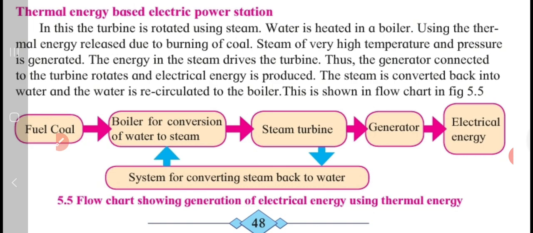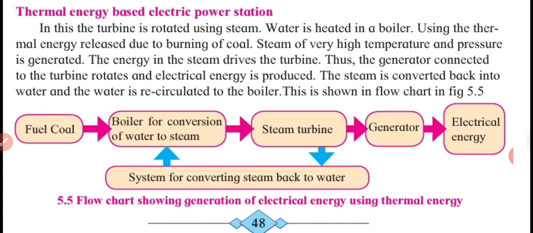The basic idea given to you in that lecture was the rotation of a turbine, how different energy forms are used to rotate the turbine, which in turn is connected to a generator, and that generator generates electric energy.